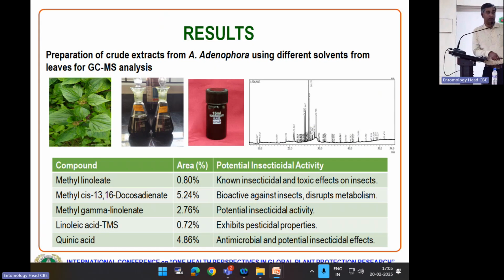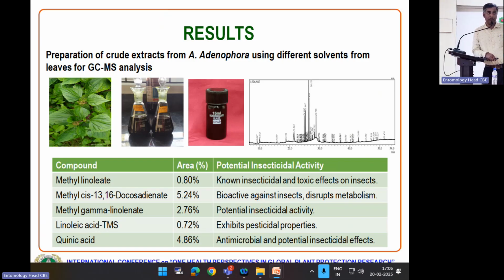And this Ageratina adenophora crude extract was taken for the GCMS analysis, and here we have identified 5 active compounds. So here, one compound is having more than 5.24% of the bioactive compounds. It is present in the aqueous extract of this Ageratina adenophora.